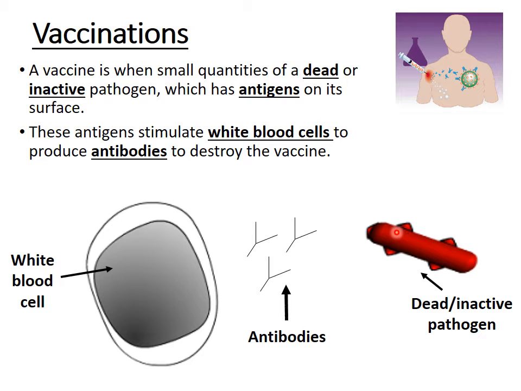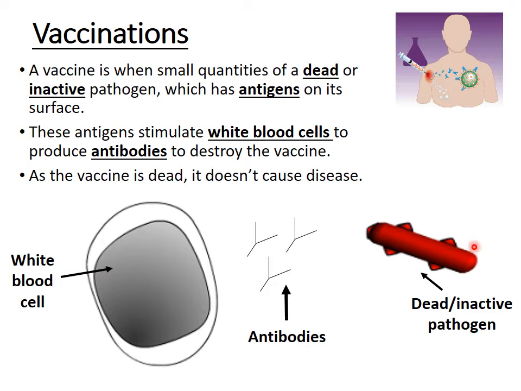And then you're going to end up with memory cells left behind, which remember how to produce those antibodies in order to destroy that pathogen the second time around, so that we'll get that secondary response. Now, because this pathogen is dead, it doesn't cause the disease in a person. You might end up with some mild symptoms as side effects from a vaccination, but you don't get the actual disease.